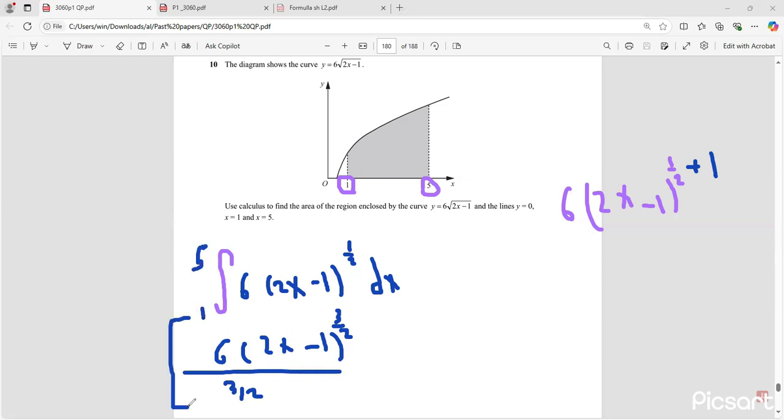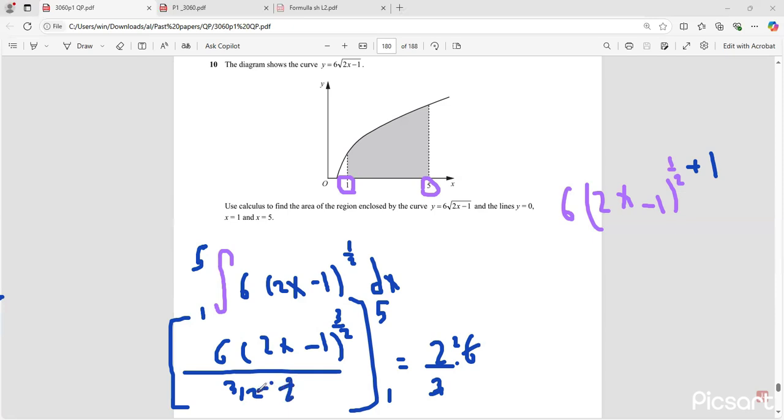So I'm going to enclose it by a bracket like this, and write at the top 5, and at the bottom 1. Then I say equal to 2, flip the denominator, 2 out of 3 multiplied by 6, and we're going to multiply it by 2.